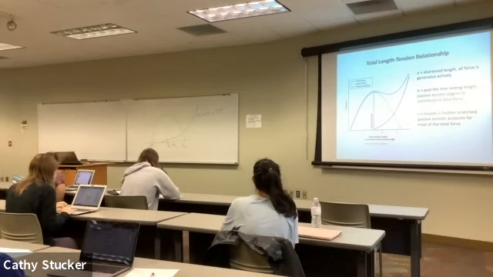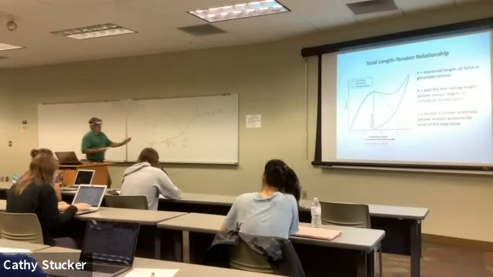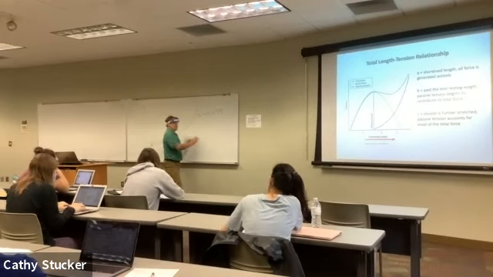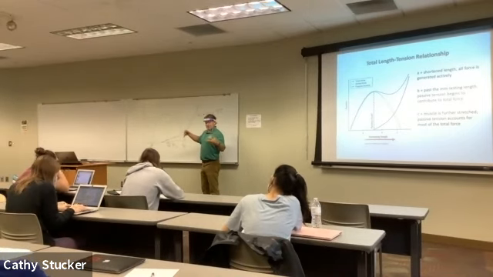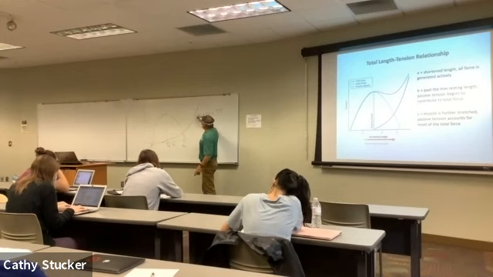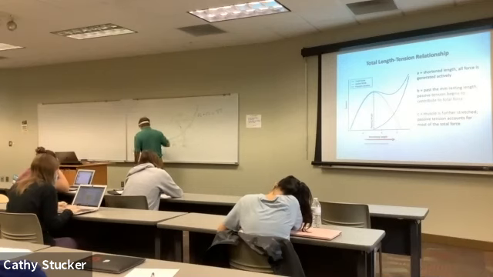So this is your length-tension relationship. It shows a muscle can make more force at certain lengths. As you go towards this stretch level out here, more and more actual force is contributed by the elastic component. That's the contractile component, and that's your total tension.